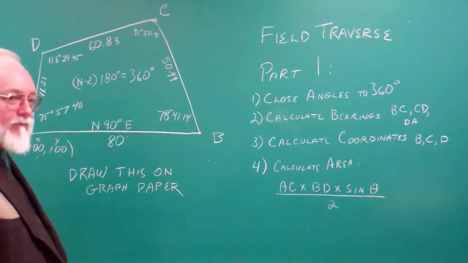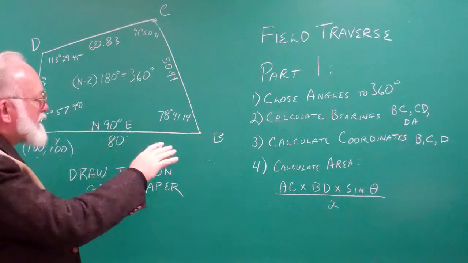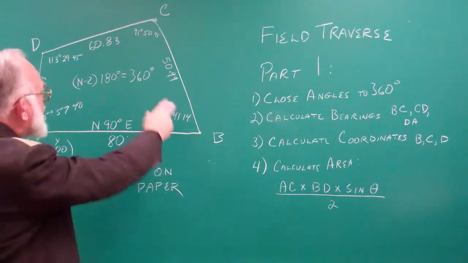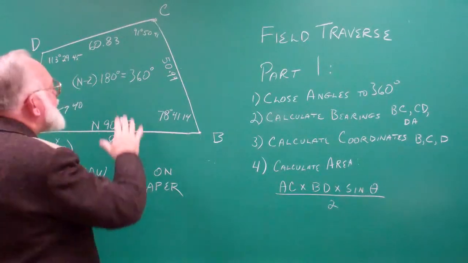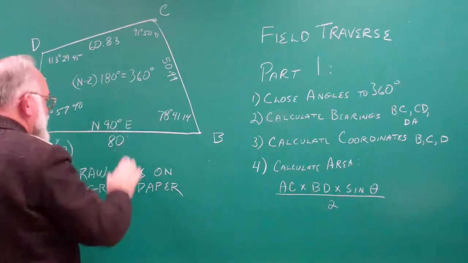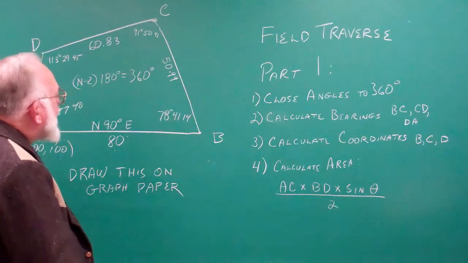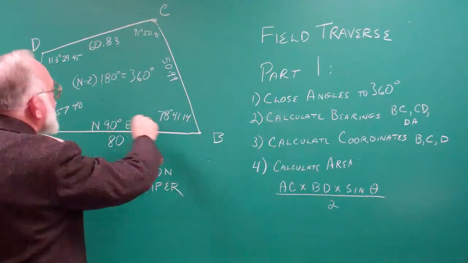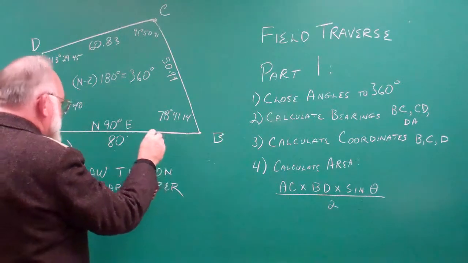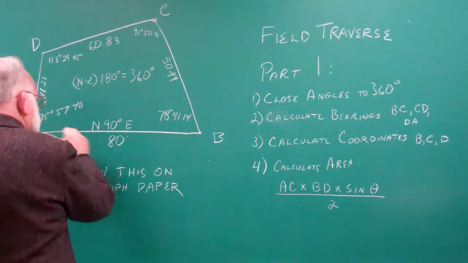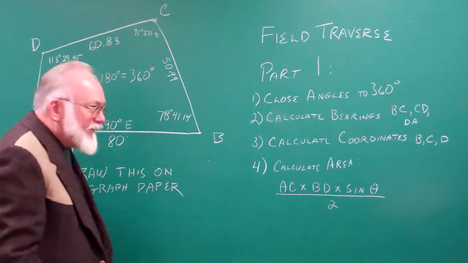So if you come up short, get the figure, divide by 4 because you got 4 angles, add them. If you come up long, subtract and get down to exactly 360 degrees. It's the very first thing you do in your traverse, balance the angles. After you do that, then you can go from point to point, establishing coordinates.